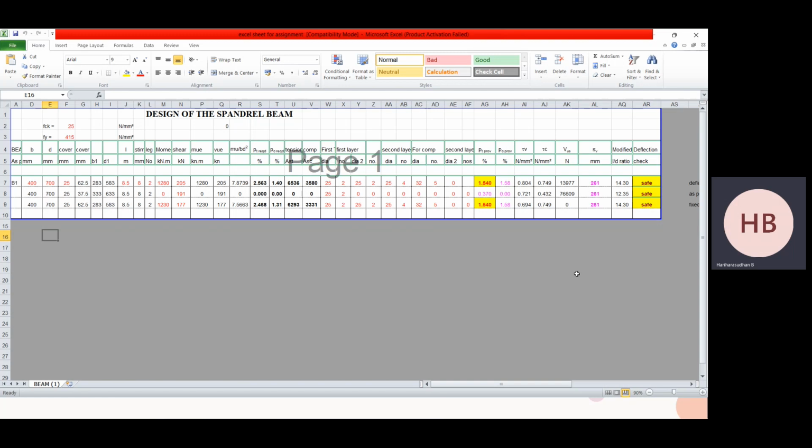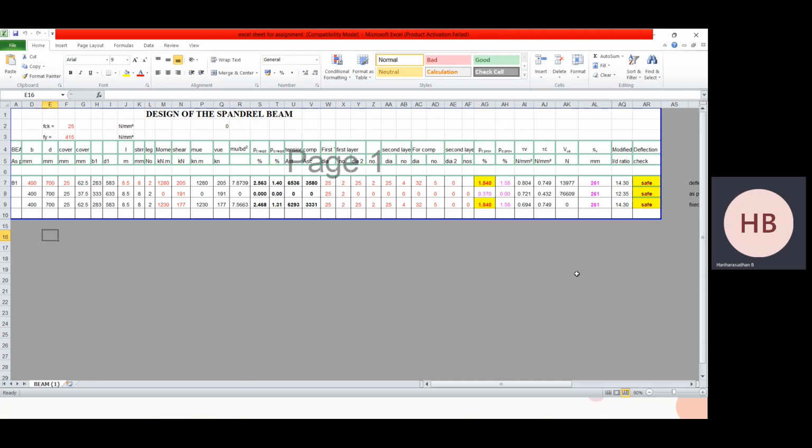For example, for a two-legged stirrup, it is 2 into pi by 4 into phi square, where pi by 4 into phi square is the formula for the area of one steel bar. Then the maximum spacing is checked by referring to clause 26.5.1.5, page number 47 of IS 456-2000, which will be 300 mm.